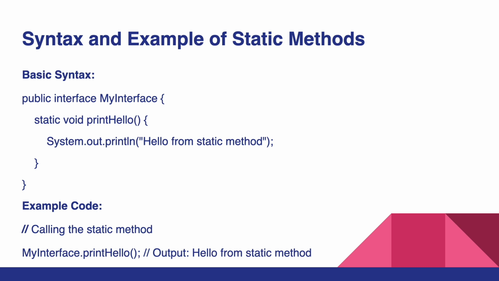Notice how we call this method directly on the interface rather than on an implementing class. This approach is ideal for utility functions or factory methods that create instances of the implementing class.